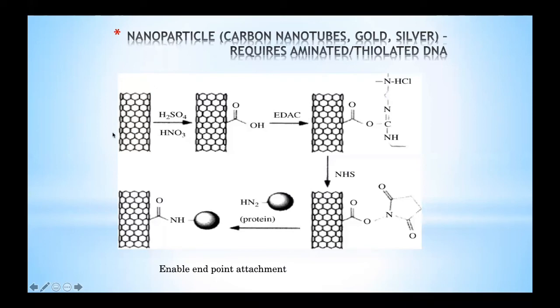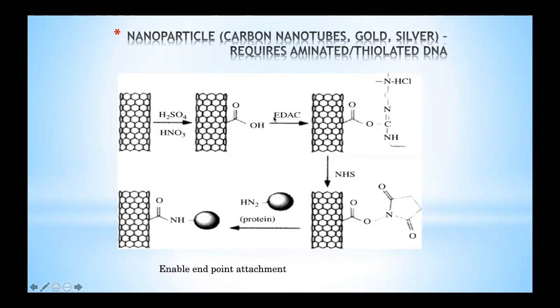Let's say we have carbon nanotube, which is carbon, okay? And this carbon nanotube can be treated with strong acid, where carboxyl functional groups will be formed on top of the carbon nanotube surface after treatment with acid.